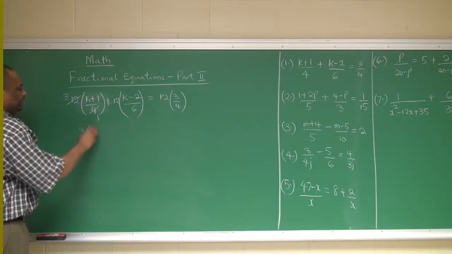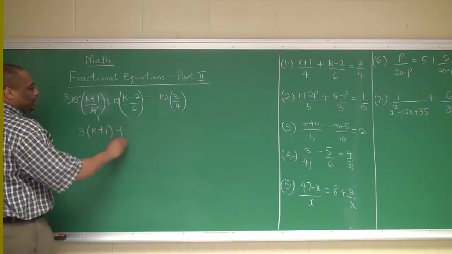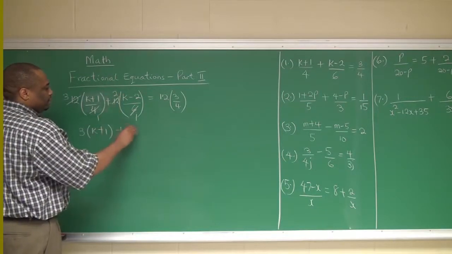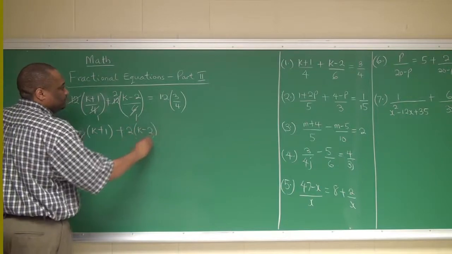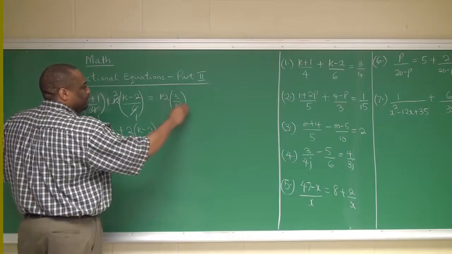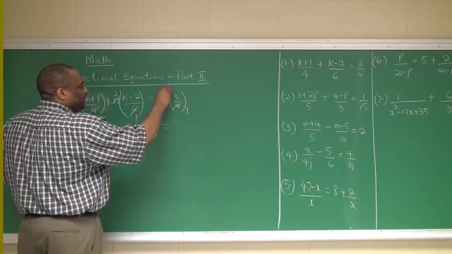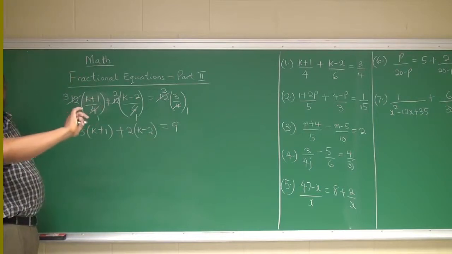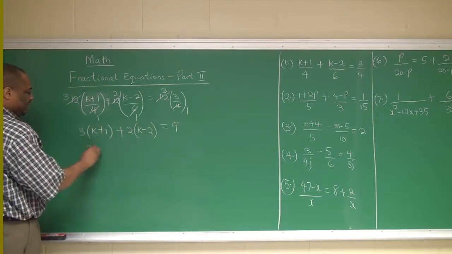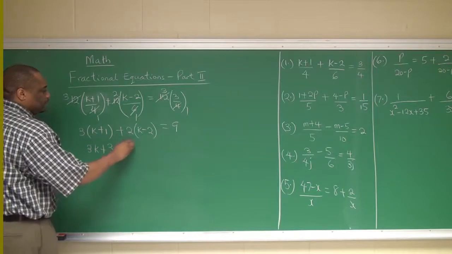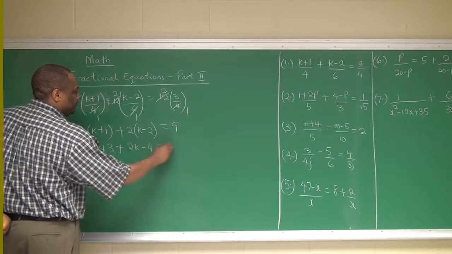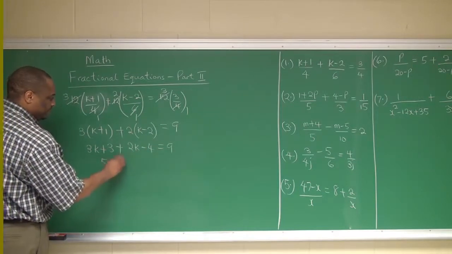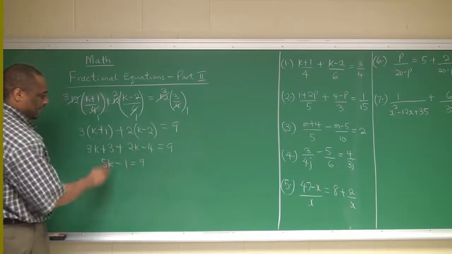So we have 3 into k plus 1, plus 6 divides 6 gives us 1, 6 divides 12 gives us 2, 2 into k minus 2, equal to 4 divides 4 gives us 1, 4 divides 12 gives 3, 3 times 3, 9. So we now use the distributive property. We have 3k plus 3 plus 2k minus 4 equal to 9. So this means 5k minus 1 equal to 9.